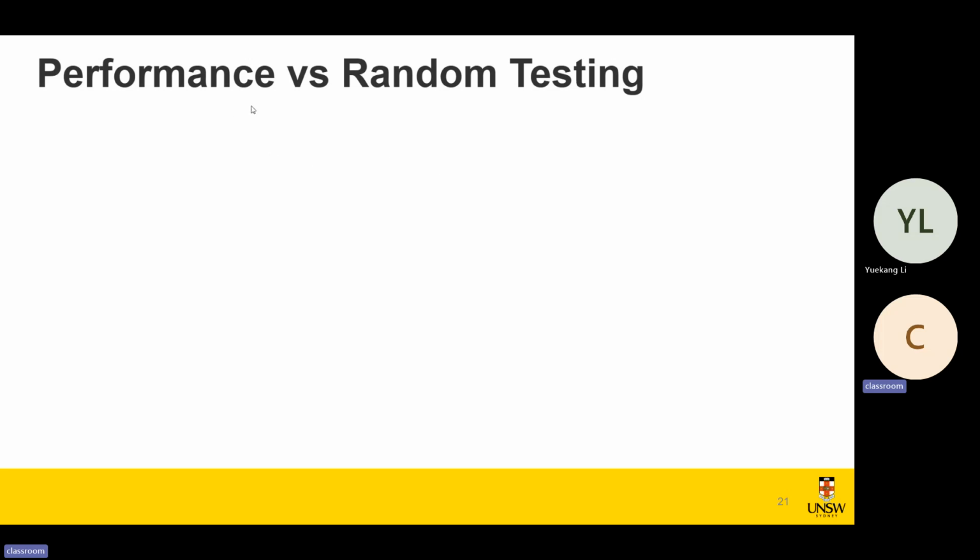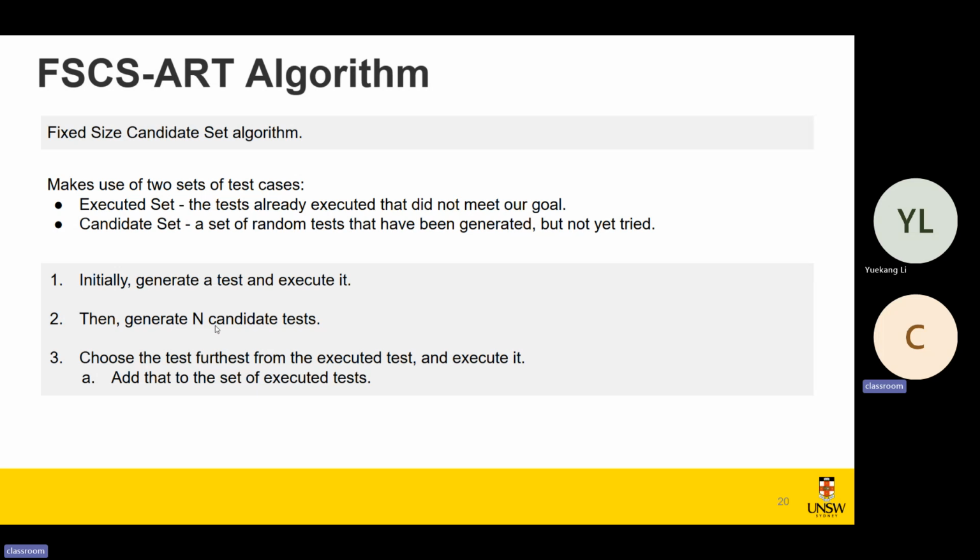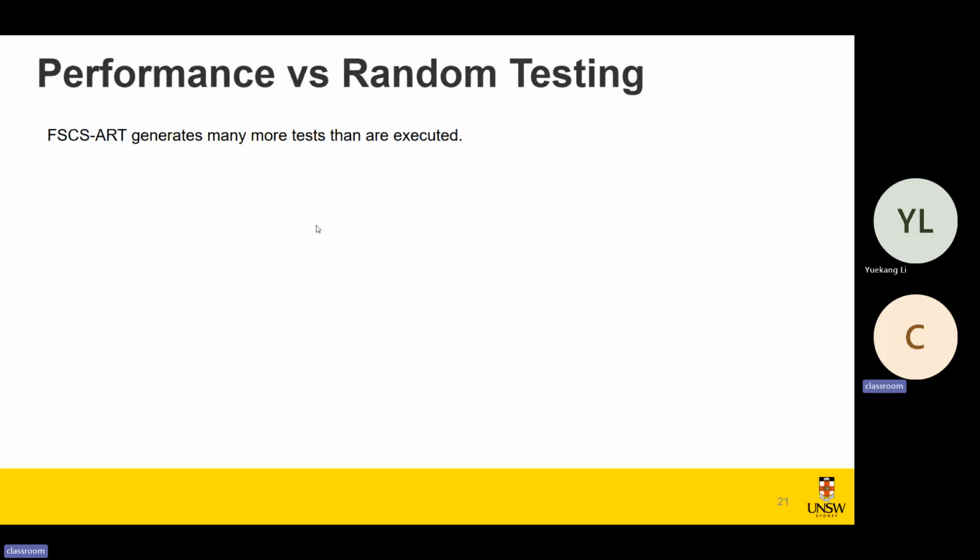And before we look into the details of the strategies, let's have a look at why this algorithm is needed here. As you can see in this step here, we generate n test cases. We generate a set of candidates, and we only select one to execute next. So you can see that we generate many more test cases than we execute, right?